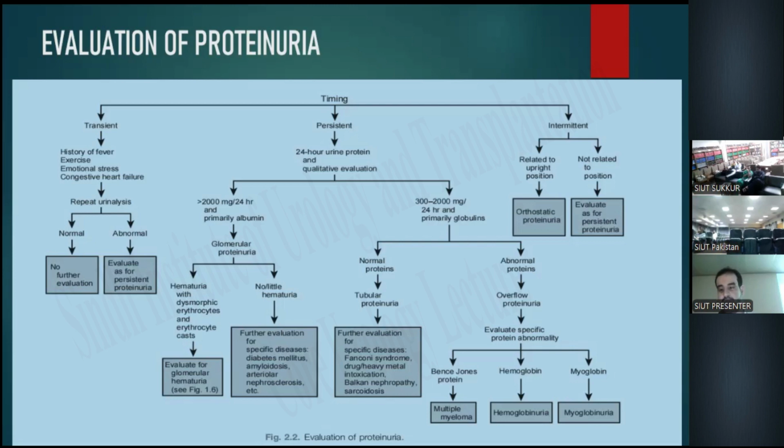If the protein is abnormal, overflow proteinuria is suspected, and evaluate for specific protein abnormalities like Bence Jones protein and multiple myeloma, hemoglobin and hemoglobinopathies, or myoglobinuria. If the proteinuria is intermittent and related to upright position, it is designated as orthostatic proteinuria. If not related to position, evaluate as persistent proteinuria, as previously discussed.